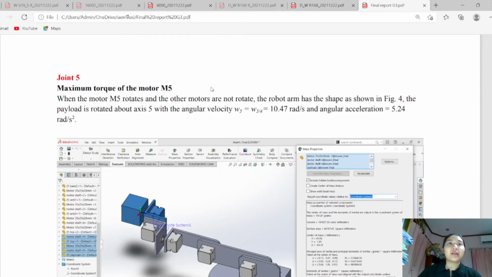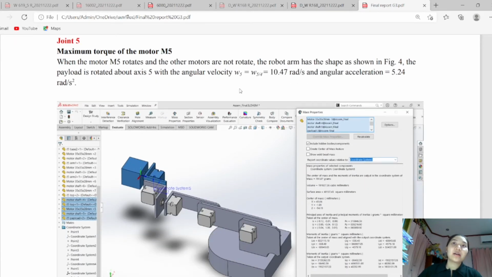And next is joint 5. This joint has angular velocity of 10.47 radians per second and angular acceleration of 5.24 radians per second squared.